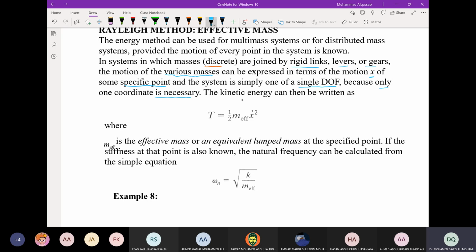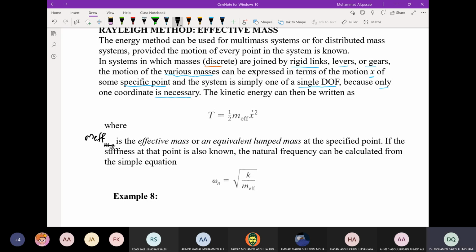And then the kinetic energy can be written as T equal to half M effective X dot squared. So you keep this factor in front, and you take the velocity of the required point as a common factor, where M effective is the effective mass or an equivalent lumped mass at the specified point.